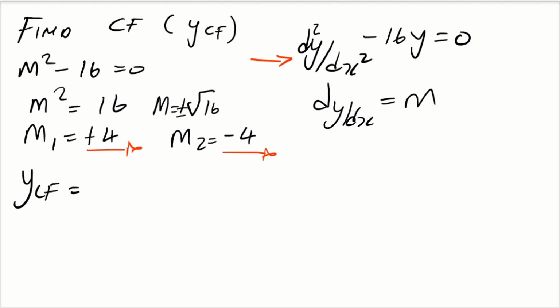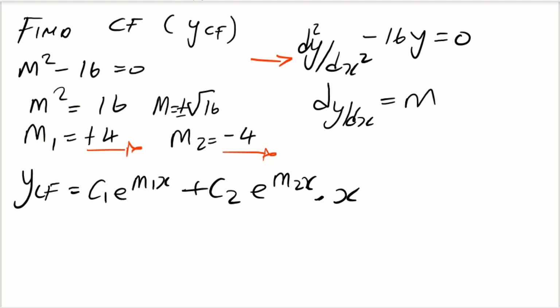Here only the factors are the same, the signs are plus or minus. But if the signs were the same, then you would use the equation where you multiply by x.